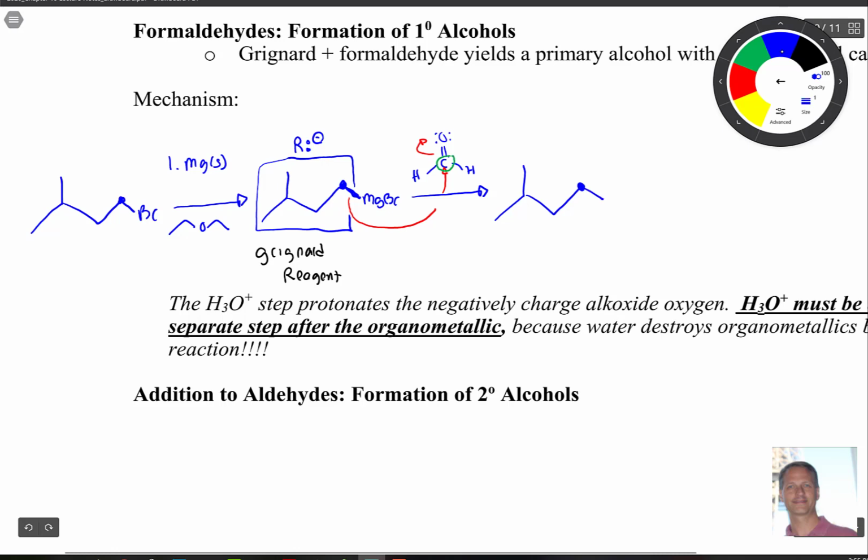So we're going to come down and write just a carbon there. Now that carbon is connected to what? Well, it's connected to an oxygen, and then count them up, 1, 2 H's. So that's not a chiral center.